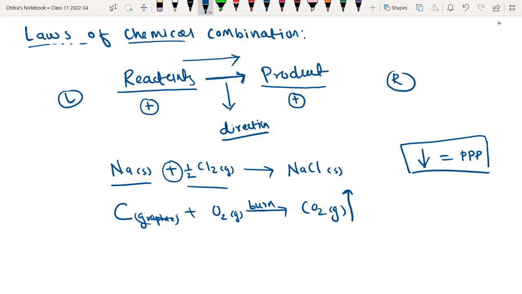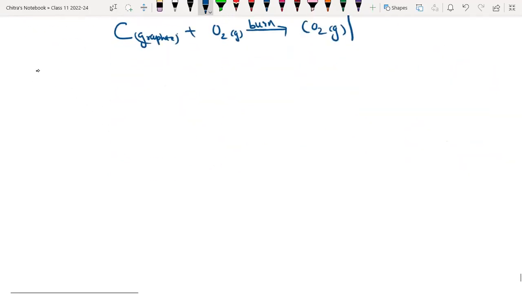Now we are going to learn the first law of chemical combination, which is the law of conservation of mass. I want everyone to take a screenshot of that, then we are moving further. Done? Okay.